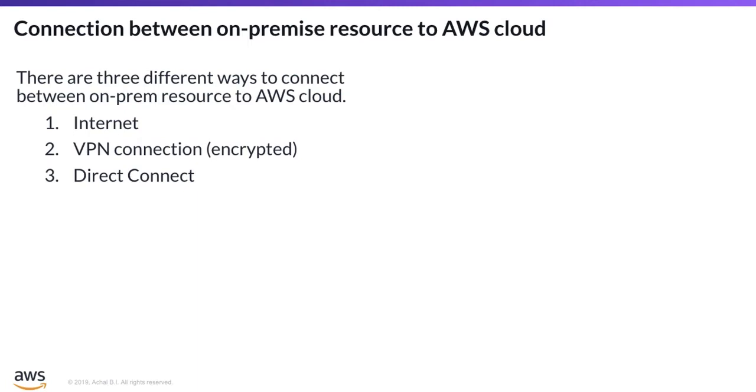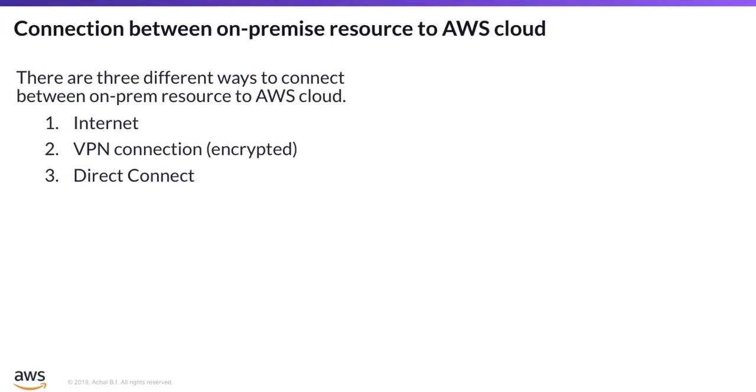There can be connections between on-premise resources and the cloud in many different ways. I have pointed out 3 different ways to connect an on-premise resource to the AWS cloud. One is the internet. Through the internet you can connect from on-premise to the AWS cloud. Another way is through a VPN connection.